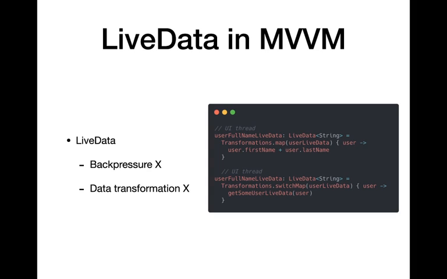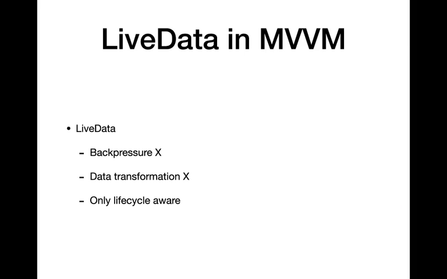So you have transformations, and whenever you try to map something, you have map or switch map. So they're going to be handled on the UI thread. So yeah, it's kind of limited transformation with live data. But you can use live data builder here, but still you're gonna have two functions like map and switch map, not more than that.